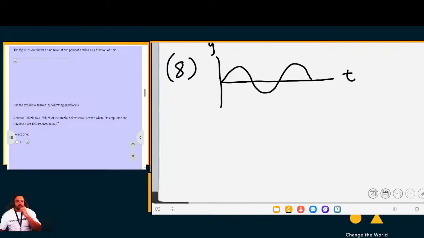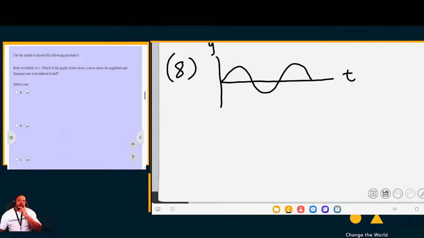Now they ask you, and they don't have the rest of the picture, so you can't make a choice, but I can tell you that they ask which of the graphs below shows a wave where the amplitude and the frequency are each reduced in half.